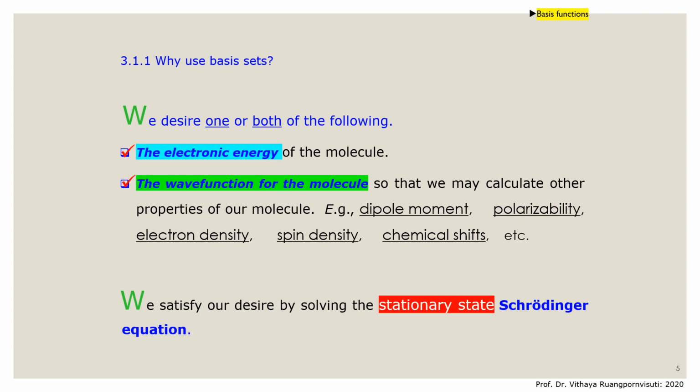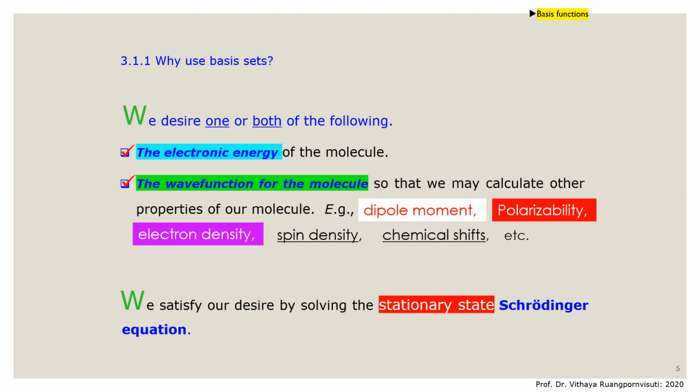The second, the wave function for the molecule can be calculated, as well as the properties of our molecule, such as dipole moment, polarizability, electron density, spin density, chemical shifts, and so on. We satisfy our desire by solving the stationary state Schrödinger equation.